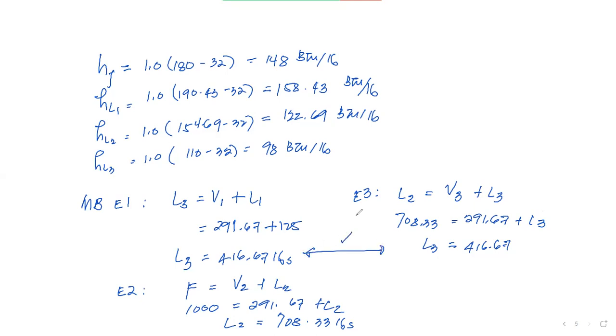Checking lang siya. Now, when we do energy balance, so this is material balance in each effect. Then we go to energy balance on each effect. So effect 1 energy balance will be, of course, you have this heating medium. The steam is the heating medium in the first effect.